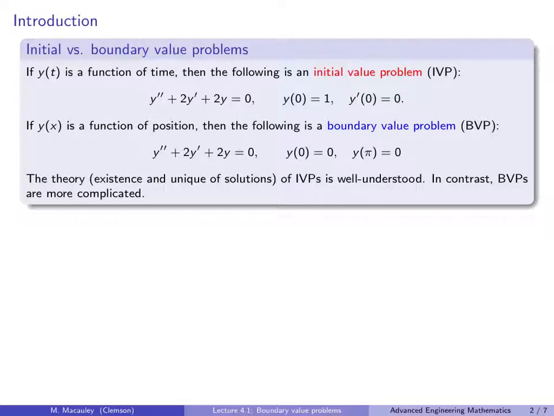So for example, we're guaranteed that for this IVP here, there will be a unique solution. In contrast, boundary value problems are more complicated. So for this one, we don't know if there's going to be a unique solution, or no solutions, or many, or infinitely many, or something else.